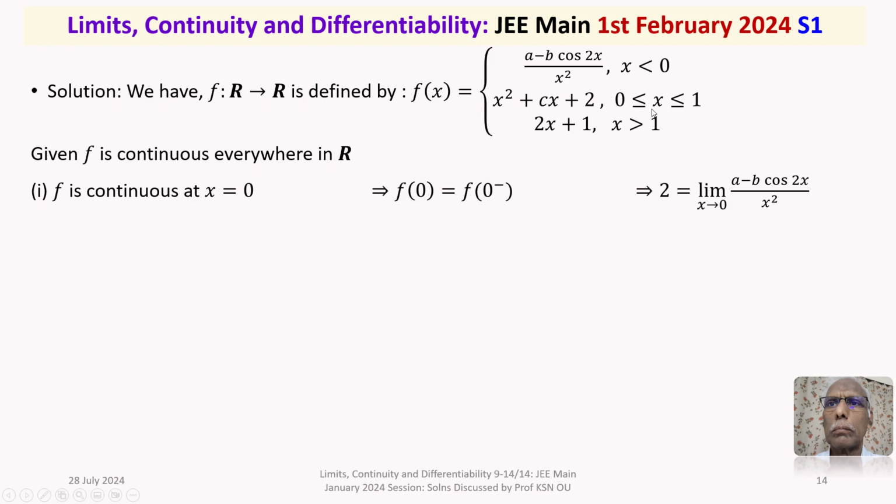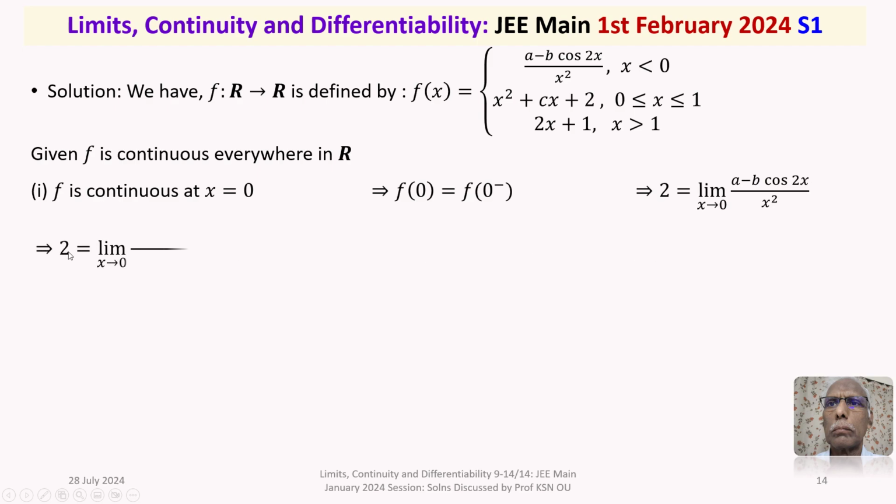F of 0 is defined at x is equal to 0, and that means the right hand limit is this value of the function because it's continuous. F of 0 is 2, which is equal to f of 0 minus, the limit as x tends to 0 of (a minus b cos 2x) by x square.